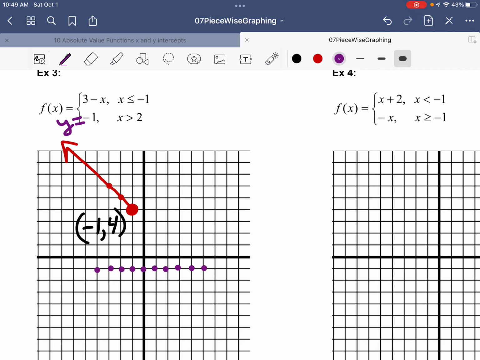And as you can see, what I'm doing is lightly sketching the entire horizontal line represented by -1 until I dig a little deeper and think about my endpoint. Now, normally you take your endpoint and you plug it in, but there's nowhere really to plug in to, because the output is always going to be -1.